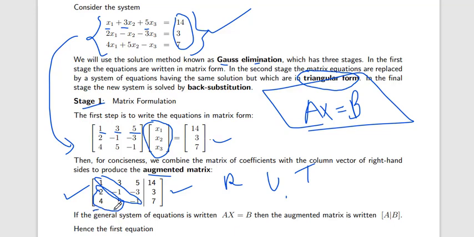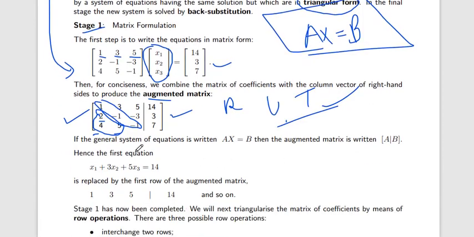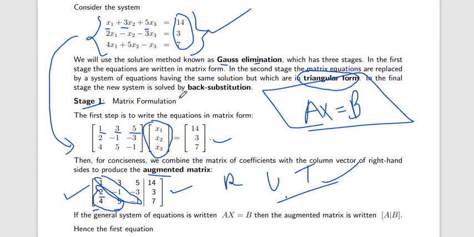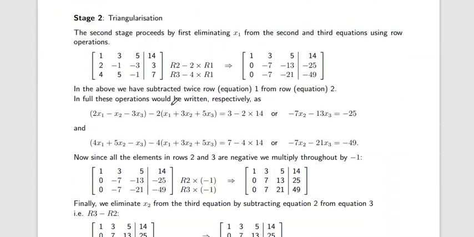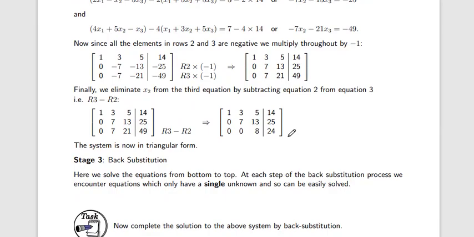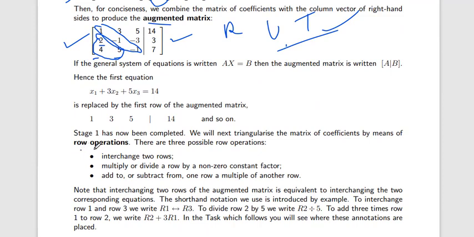This is called an upper triangle matrix. Then the third stage is back substitution, which we already know. So these are the three stages.